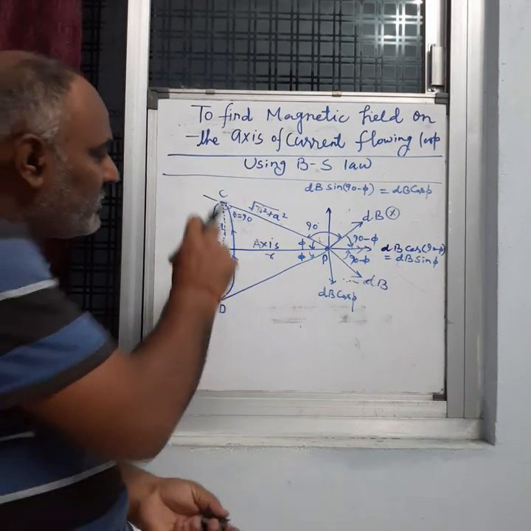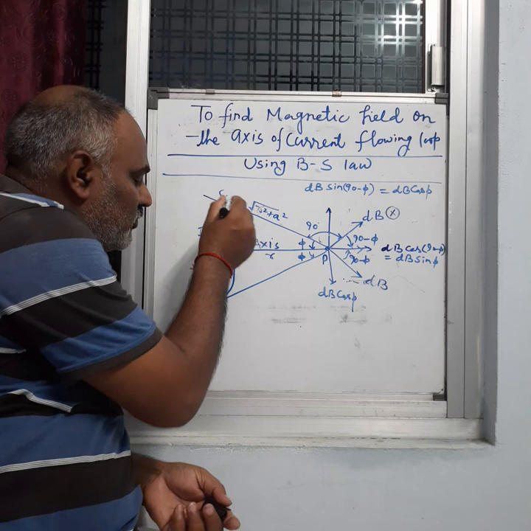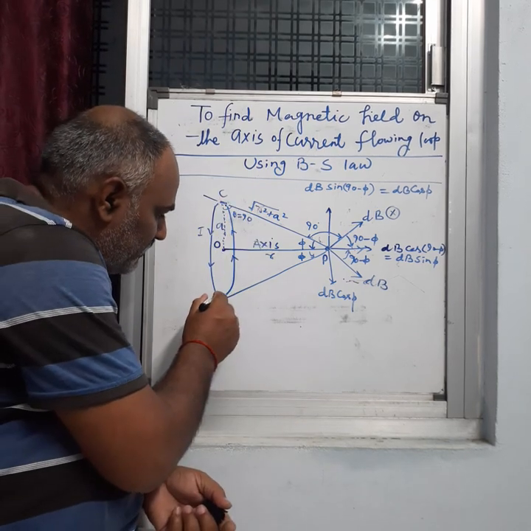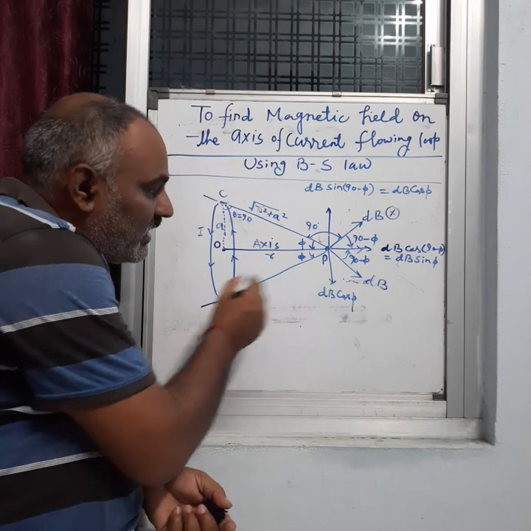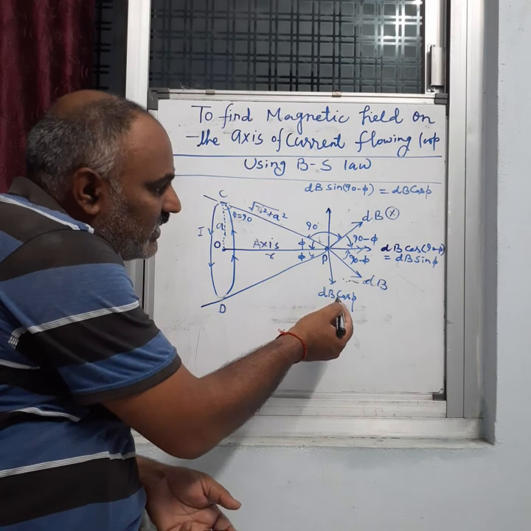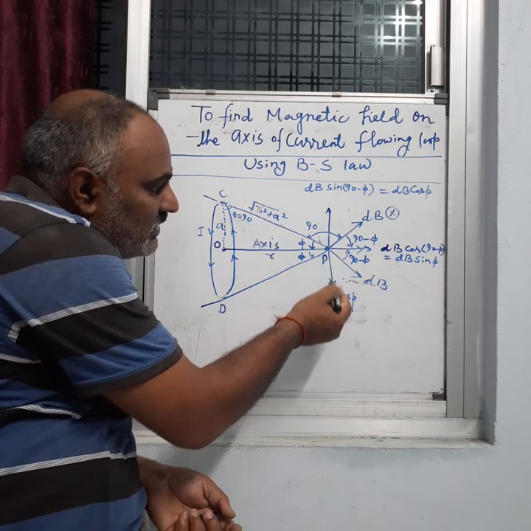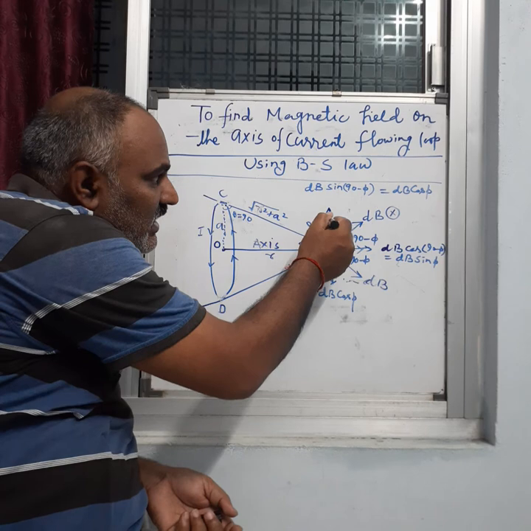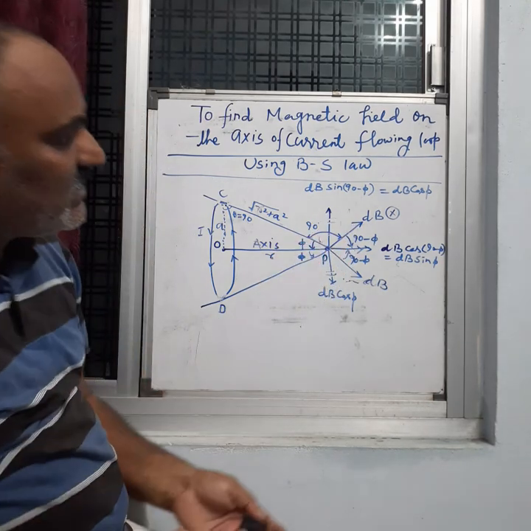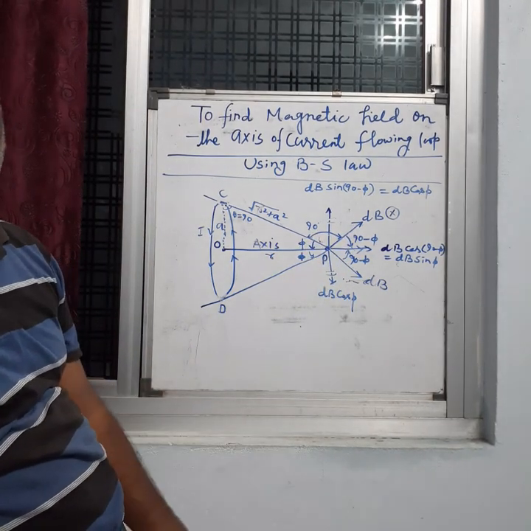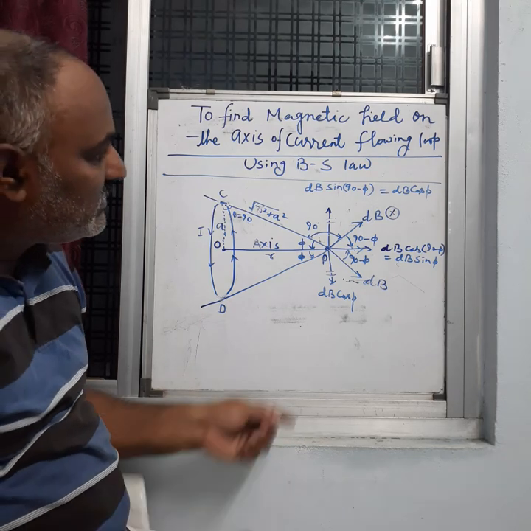Again the same symmetry is obtained, and the dB cos phi components here and here act opposite to each other and cancel the effect.